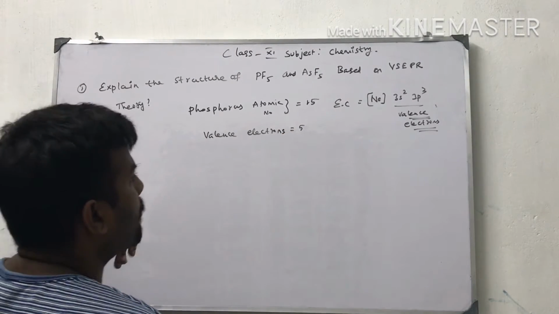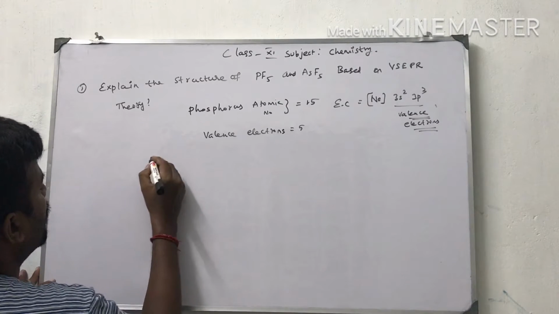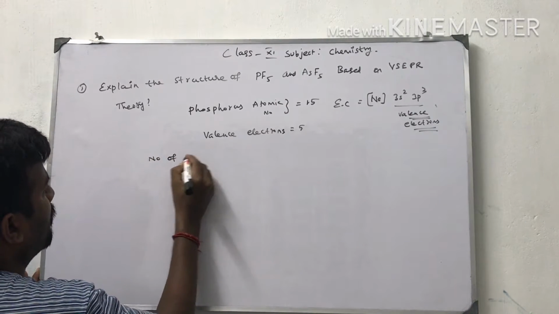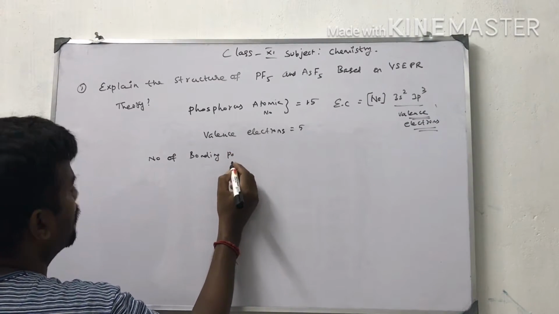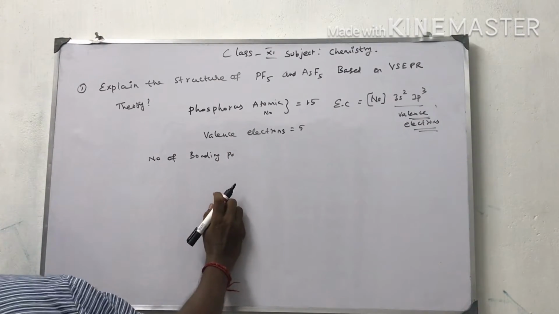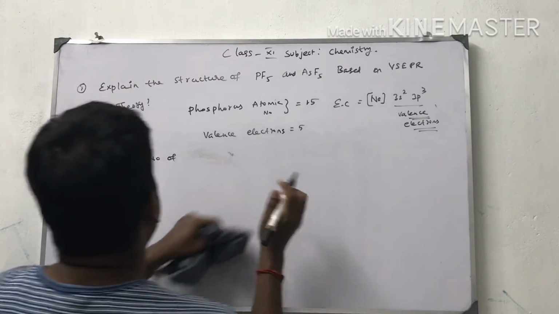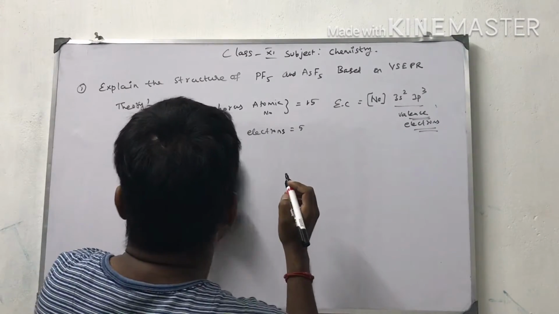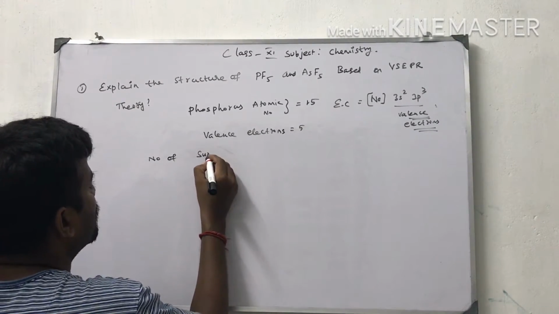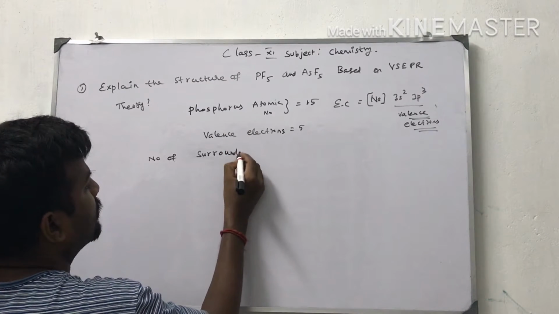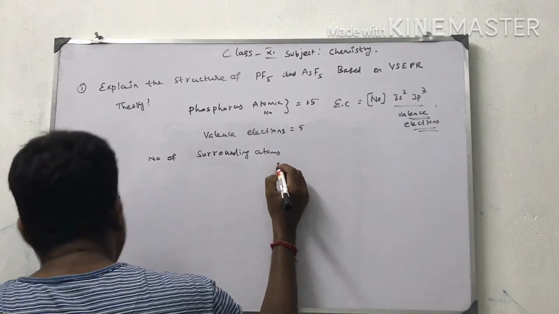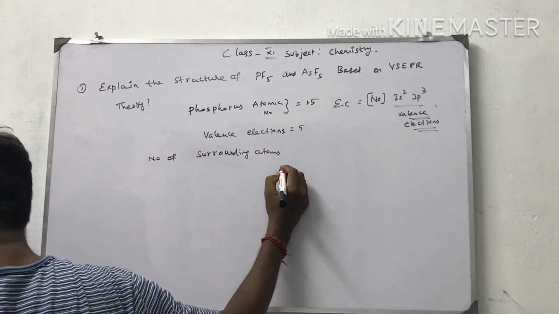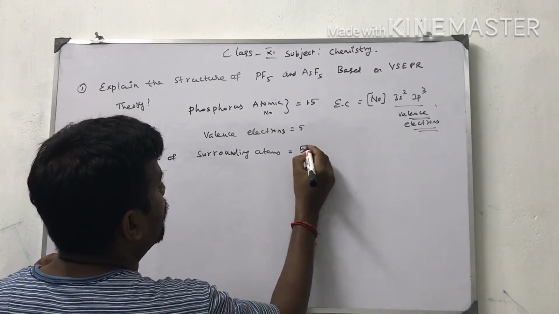Now the number of bonding pairs. Next one is the number of surrounding atoms. How many surrounding atoms? There are 5 surrounding atoms.